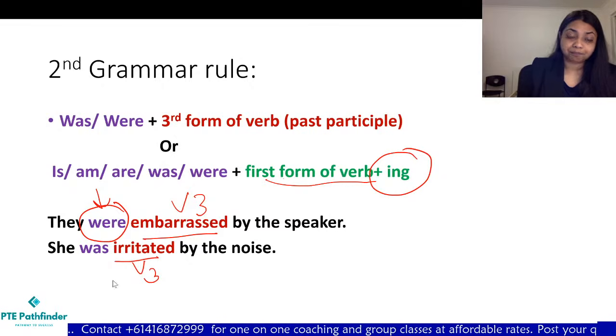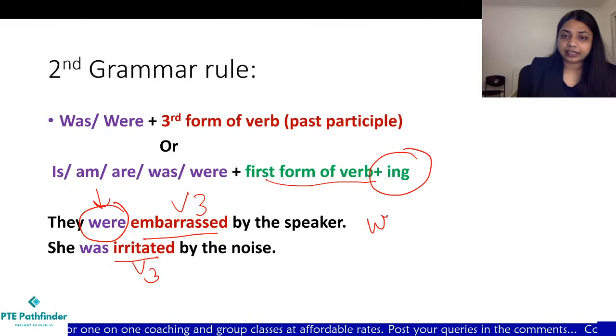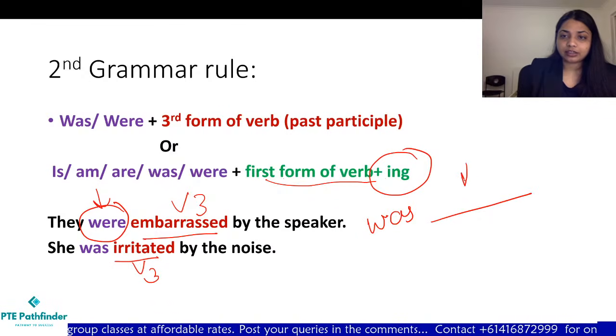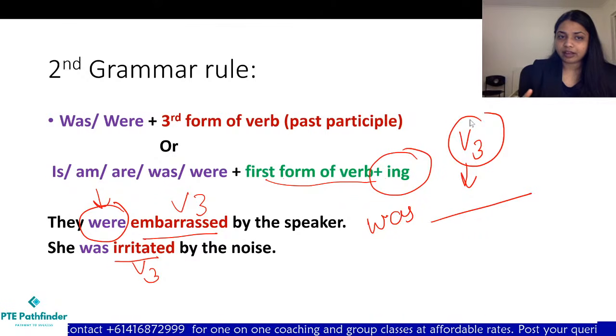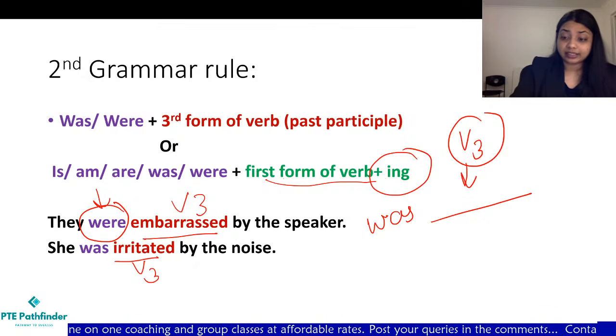Whenever you get a blank, for example, if I had a gap after was, in this case I need to quickly think that in this particular place I'm looking for a verb 3, that is, a past participle. That helps you to identify it and minimize the chances of selecting the wrong answers.